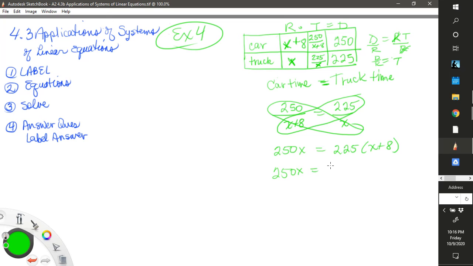250x is going to be 225x plus, let me pull out my 8 times 225, and that becomes 1,800. Okay? Minus 225x, minus 225x.